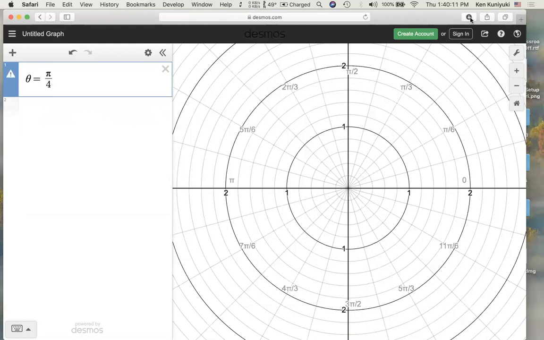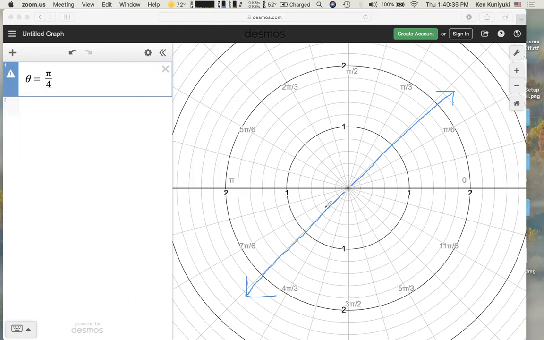Now, technically, it would be on a ray, like so. r equals 0 here, r equals 1/2, r equals 1, r equals 2, r equals 3, r equals pi, and so forth. But actually, if you allow r to be negative, and we do, we include the whole line that goes through the origin or pole. So theta equals pi over 4, the graph of that is a line.